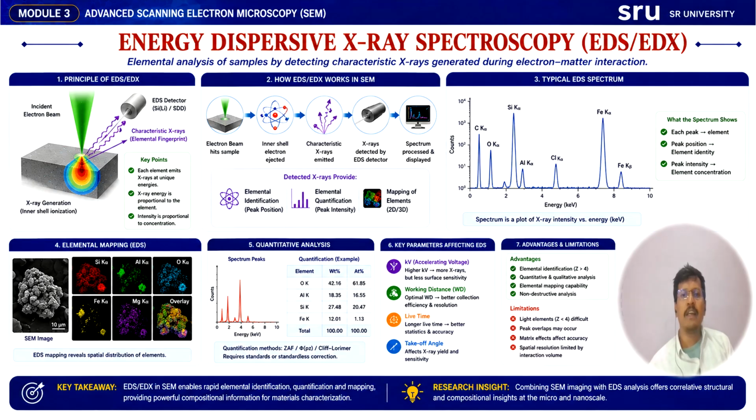Therefore, EDS complements the SEM imaging by answering a fundamental question: not only what the material looks like, but also what it is made up of. That we can understand from the EDS analysis.